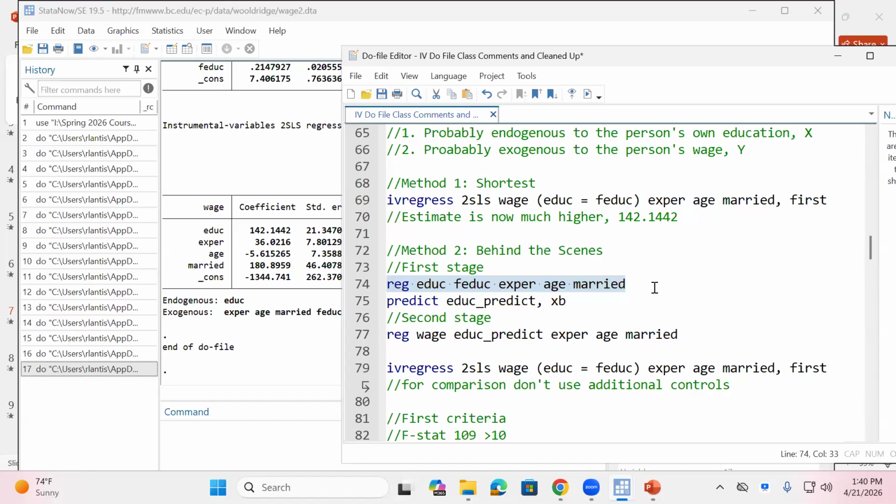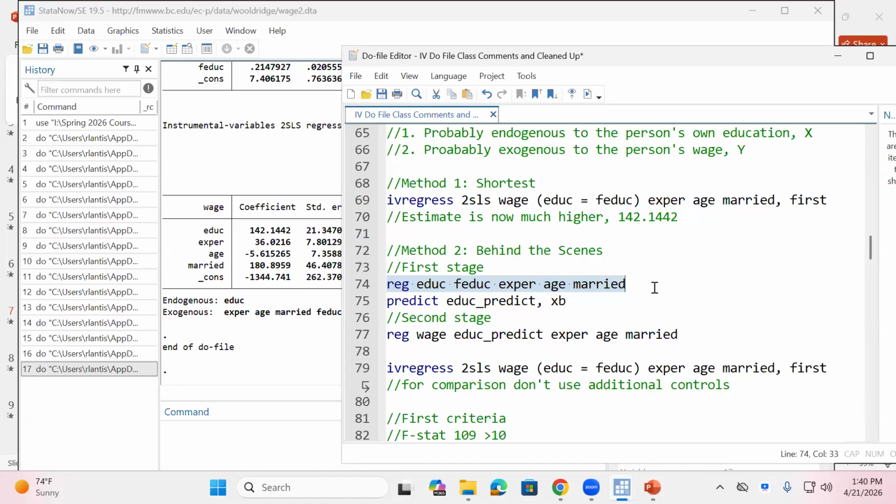And I have all of my additional controls in that first stage as well. What I'm then going to do is save my predictions from that first stage. And in my second stage, I'm going to go back to what I originally was interested in, which was the effect of education on wages. But instead of using the person's actual education, I'm going to use their predicted number of years of education based off of that instrument and the additional controls.